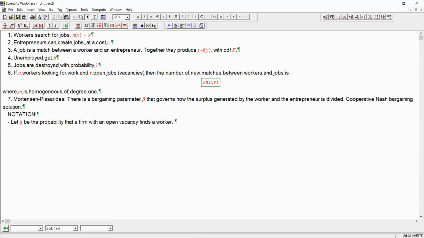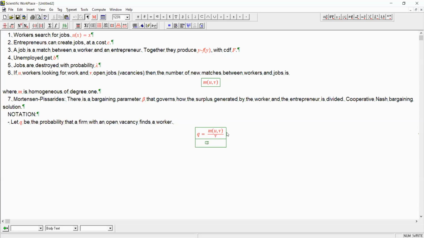Then it's going to be that Q is going to be a function of the number of matches. Specifically, of course, if everyone is treated the same, then it's going to be the number of matches divided by the number of vacancies.